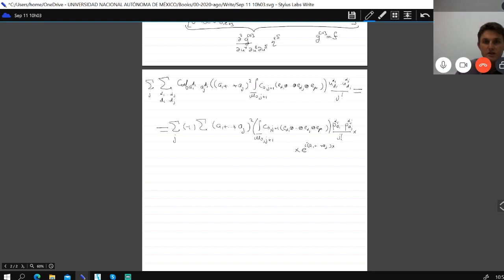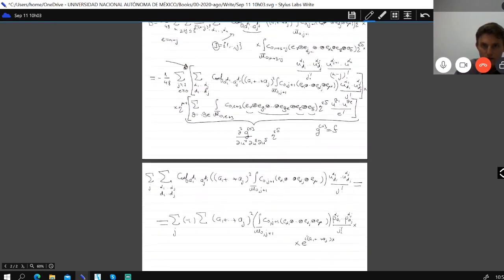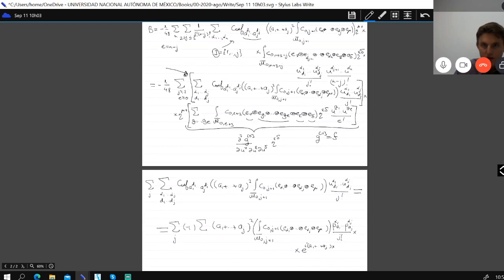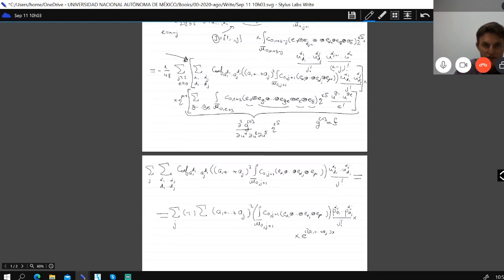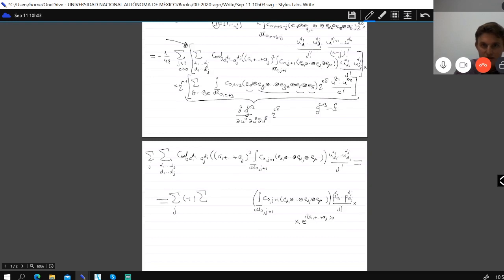But then you see that it would maybe be better to write this sum squared here, a1 plus an squared.